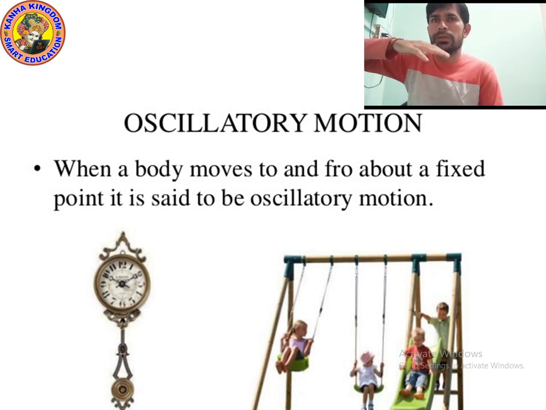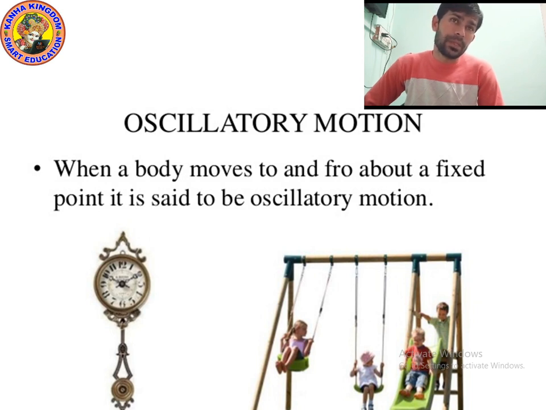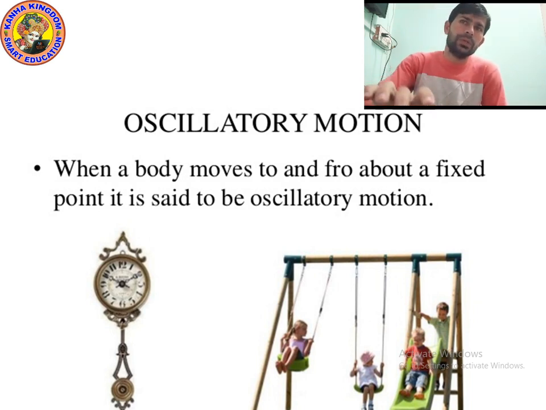But whenever anything is vibrating, it is a very fast to and fro motion. All musical instruments show vibratory motion, and during this motion a change in shape or size can take place. I hope you understood.